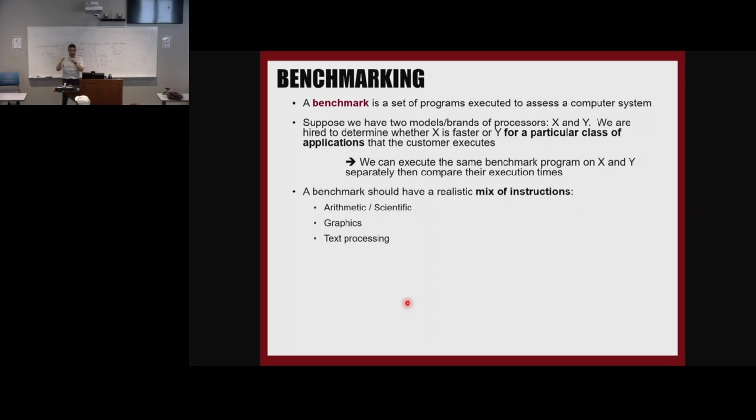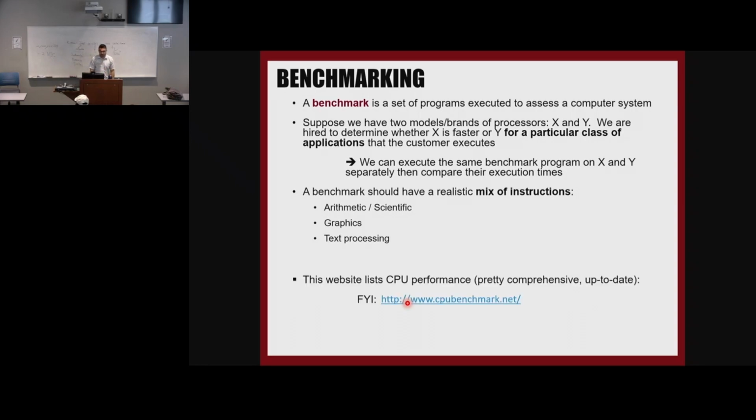But when you're proposing a general purpose processor, you have to have a good range of applications. It's not fair to benchmark that for a specific application. It's a different audience, of course. So I provided this website. You can see how they benchmark CPUs and so on. The idea is very simple. I have a CPU, I run a program, I measure this, and I compare it.